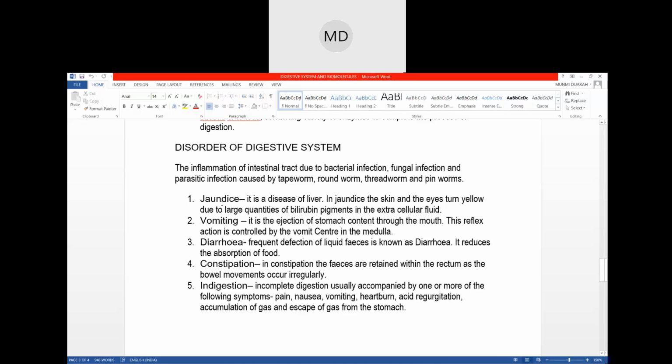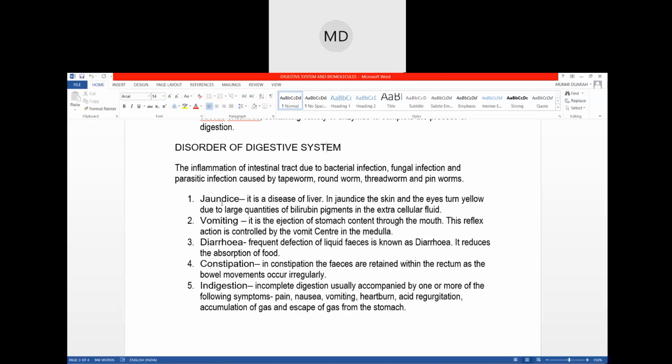Jaundice, all of you know jaundice. Most probably you have seen patients suffering from jaundice, or at least heard of the disease, right? What happens when people suffer from jaundice? The skin, the eyes, everything becomes yellow in color, right?